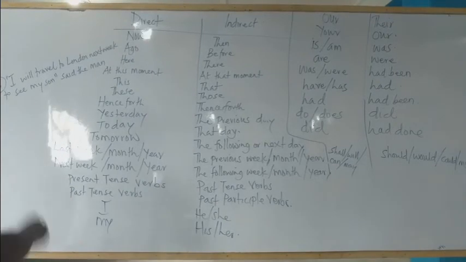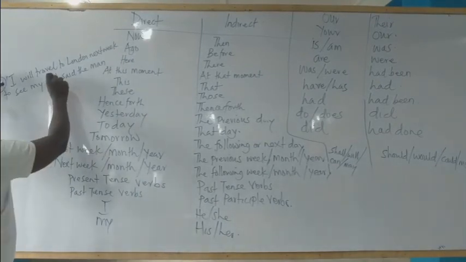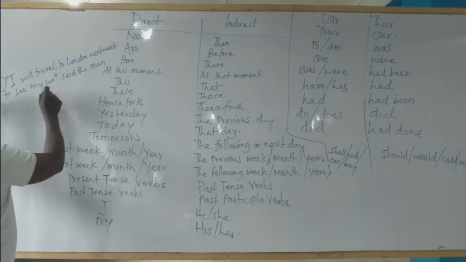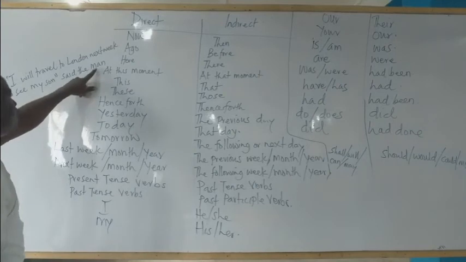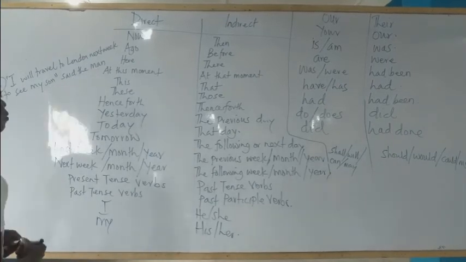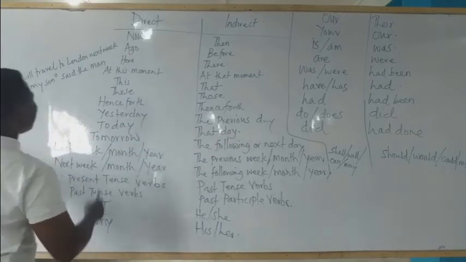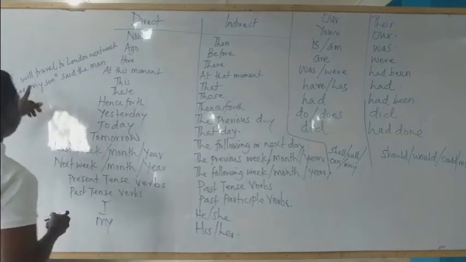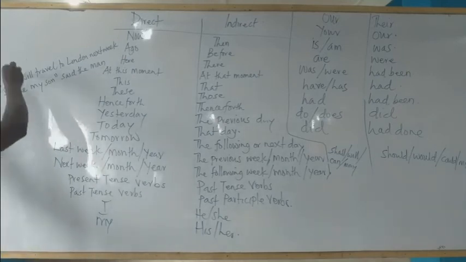We have to report this. This is direct. Why is it direct? It is expressed in a quotation mark. It is the first-hand information of this speaker, which is the man. So, to change this now, this table should be taken into consideration. What are those things that will change in this direct to indirect form? I told you, I will change.